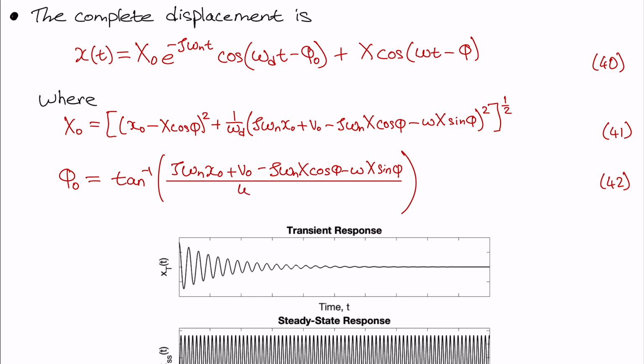All of that divided by omega d times the quantity x0 minus big X cosine phi. All right, I'll give you guys a moment to write that down.